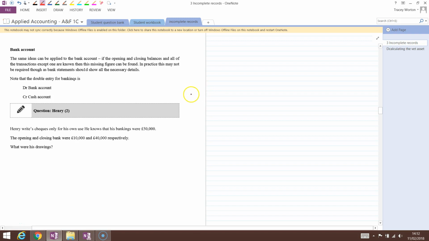So again, opening up a T account for the bank. This would be an asset, so the balance brought down is on the debit side. And we know that the opening balance was 10,000. We're also then told that we have a closing balance, so that would be a balance to carry down from the credit side of 40,000.